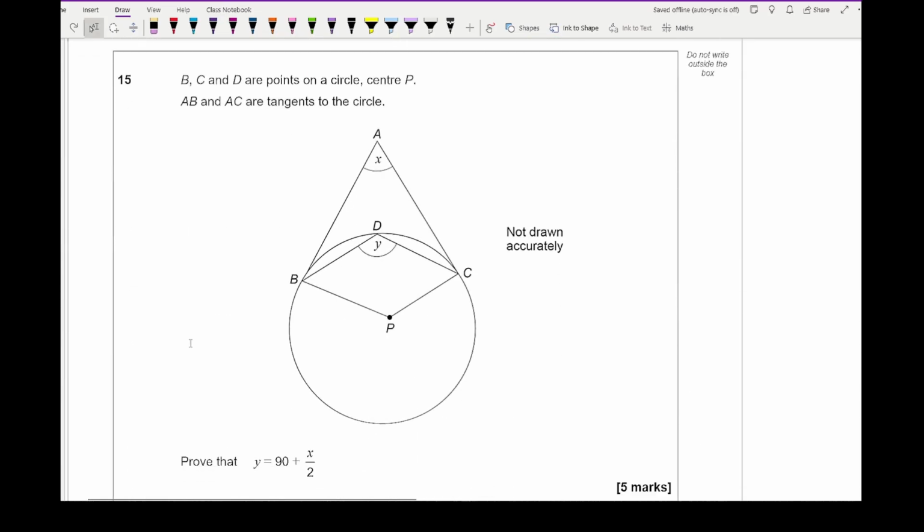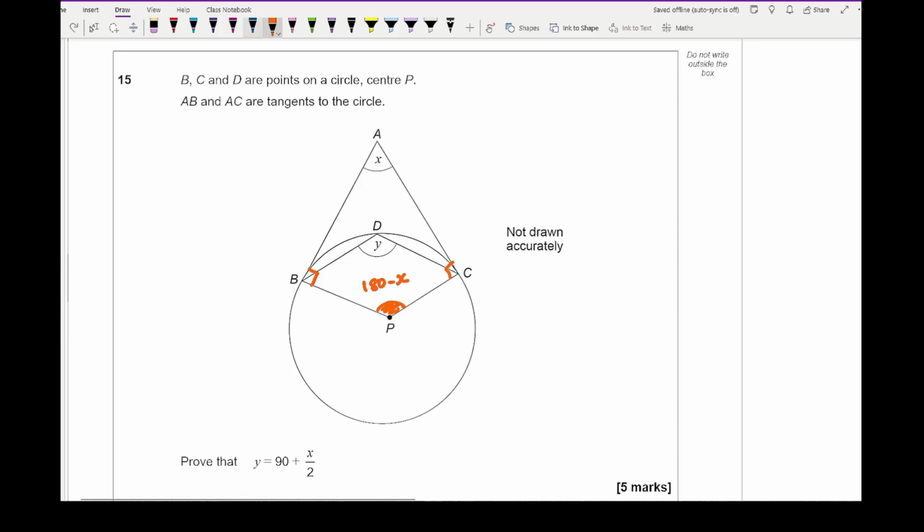Moving on to question 15, it says B, C and D are points on a circle with centre P. AB and AC are tangents to the circle, and the question is asking us to prove that y equals 90 plus x over 2. Now, as AB and AC are tangents, it means that the radius meets a tangent at 90 degrees. So that means that this angle here is going to be equal to 180 minus x.